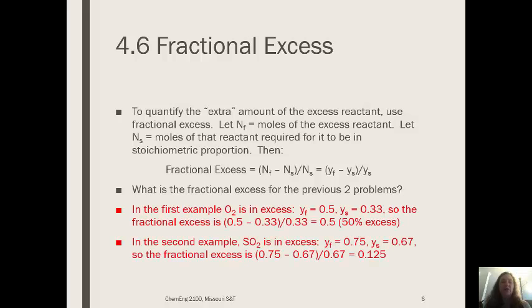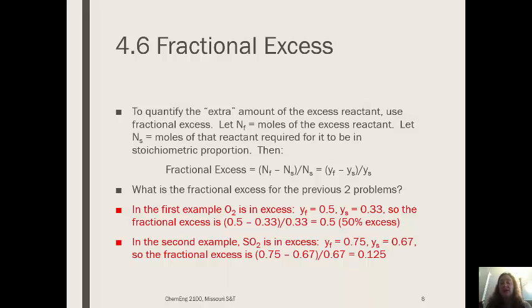In the first example, O2 was the one in excess. The system was 50% SO2, meaning it was also 50% O2. The stoichiometric feed for O2 was 0.33. So 0.5 minus 0.33 divided by 0.33 is 1/2.